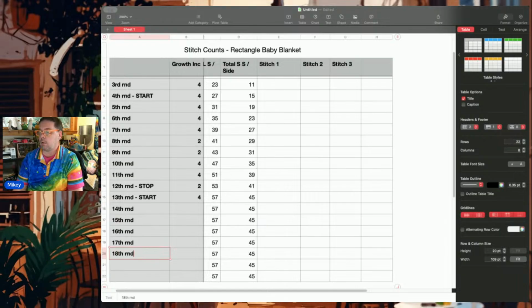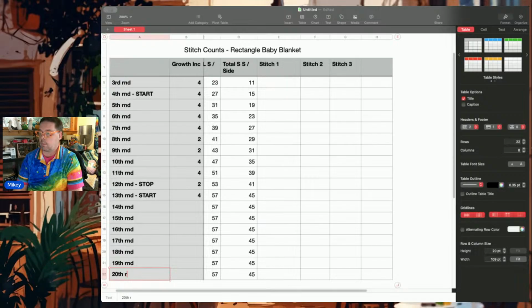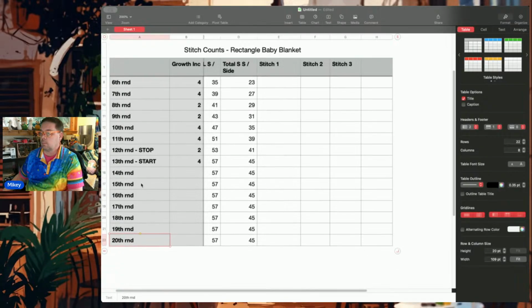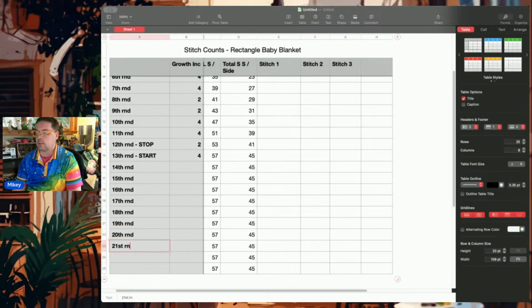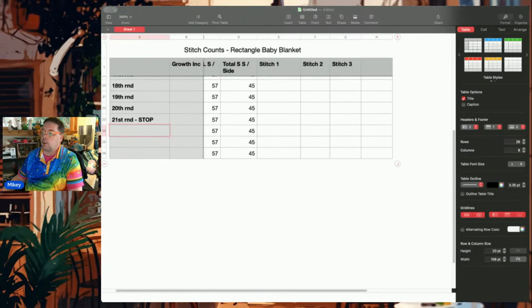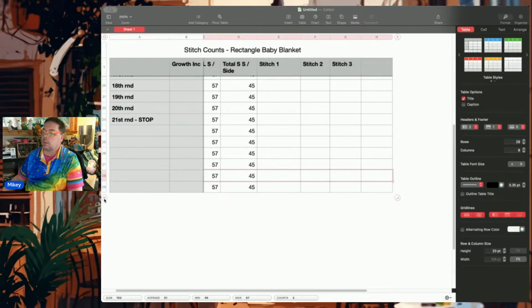So 18th round, 19th round, 20th round. 1, 2, 3, 4, 5, 6, 7, 8. And so the 21st round is the stop. There's another repeat right there. This pattern doesn't go much beyond this stuff.